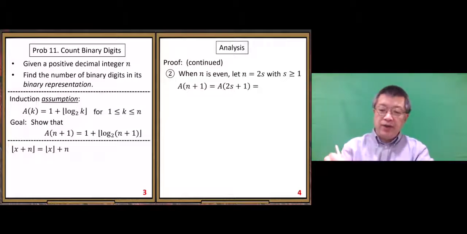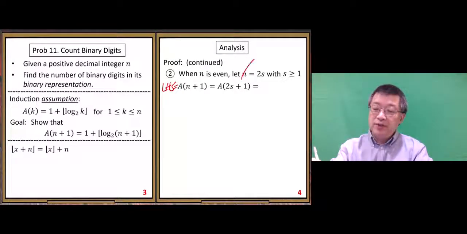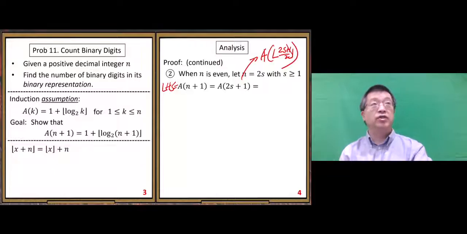All right, so left-hand side, we still look at left-hand side equals this. 2s plus 1. Remember, by the recurrence relation, floor of (2s plus 1) over 2, the floor function, so that 1 is gone, right? The fractional part.